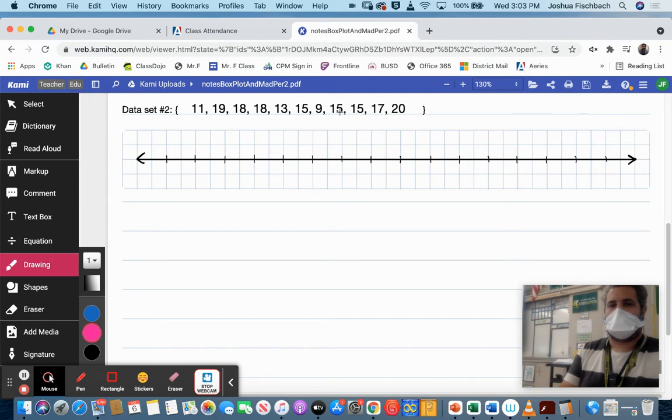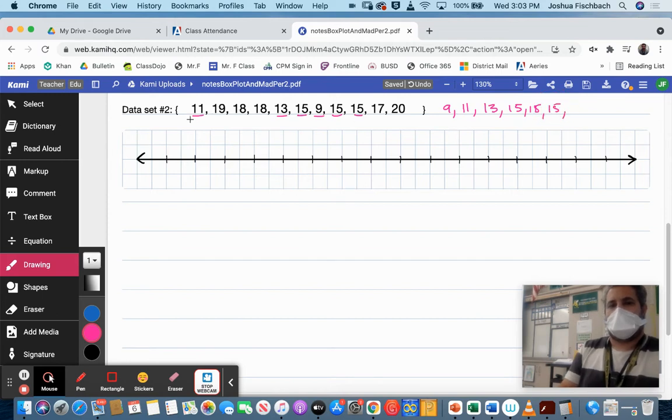So the smallest value that we have is 9. The next smallest value that we have is 11. The next smallest value that we have is 13. The next smallest value that we have is 15. It happens not once, but twice. Oh, 3 times actually. So we got 15, 15, and 15.